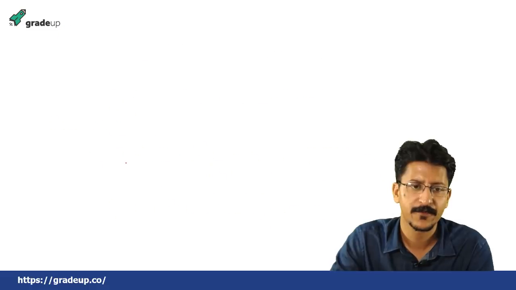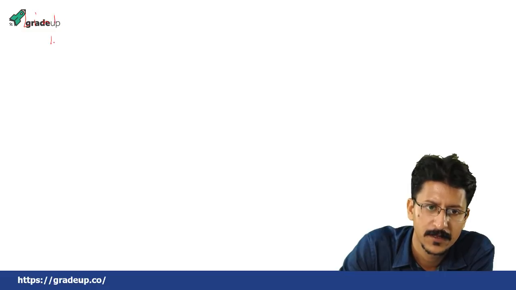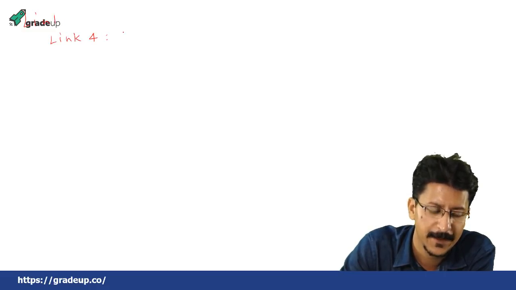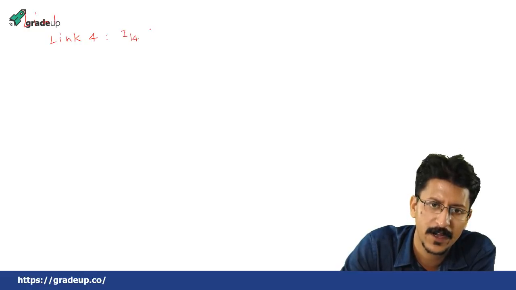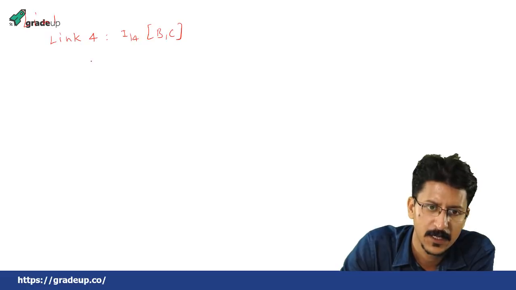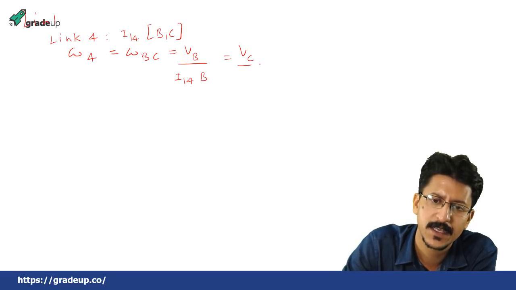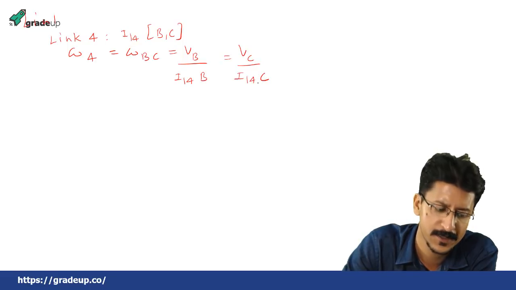Next we will see link 4, that is I14, and if you see the diagram, it will include points B and C. So omega 4 is equal to omega BC, which is equal to VB upon I14B equal to VC upon I14C.